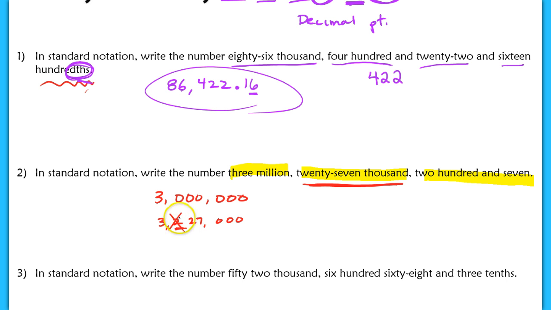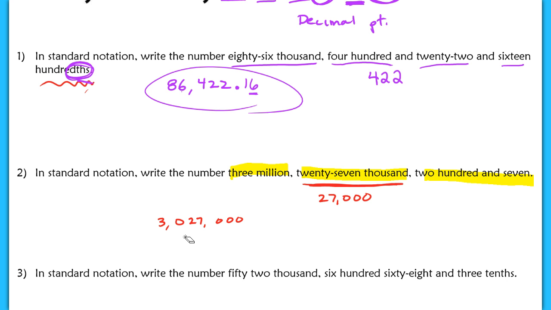So in the place here, I need to keep a 0 there. So this number so far is 3,027,000. And again, the number 27,000 has only 3 zeros after it. So that's why we wouldn't want to put 270,000, because that would have 4 zeros afterwards. All right. So far, here's our number.